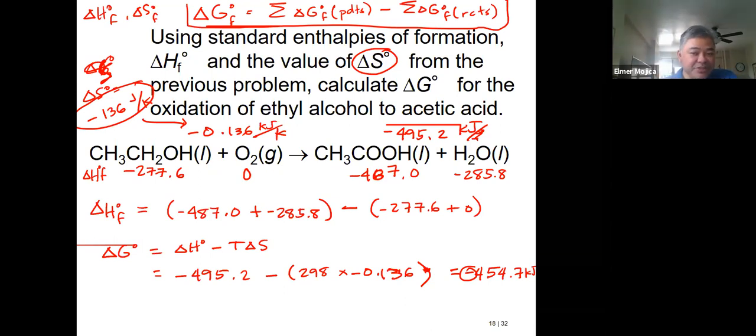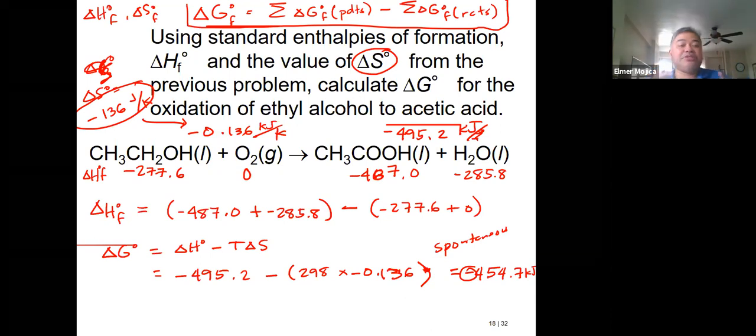So those are the pieces of information that you need to know. First, the reaction is what? It's exothermic based on the delta H, right? It becomes more disordered based on the delta S, and last but not least, it is spontaneous.